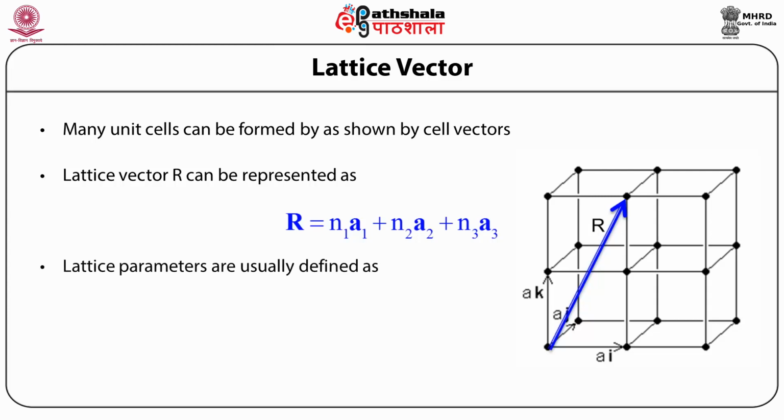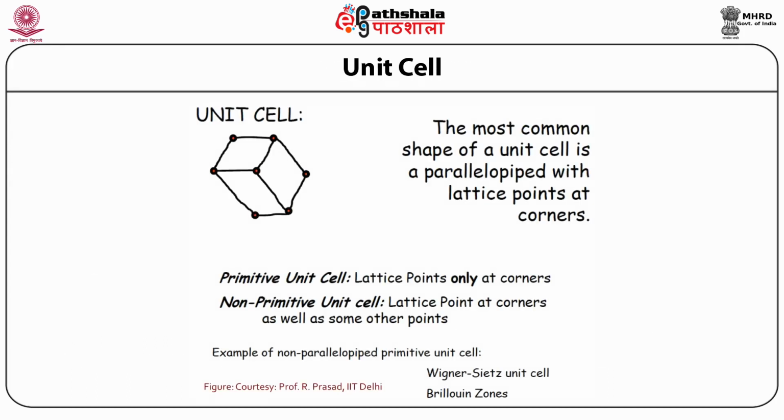Lattice parameters are usually defined as the lattice translation vectors and by the angles alpha, beta and gamma. Now before discussing the lattice systems, let us first summarize the unit cell. As we have discussed already, a unit cell is the smallest repeatable unit of a lattice.